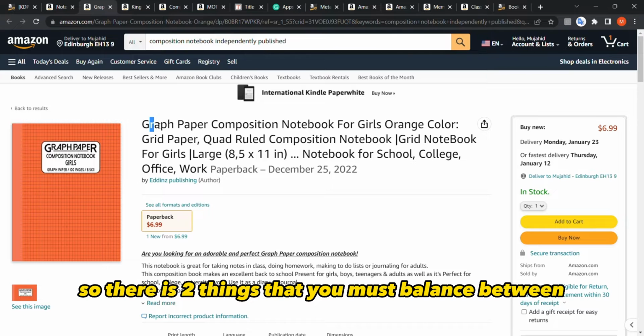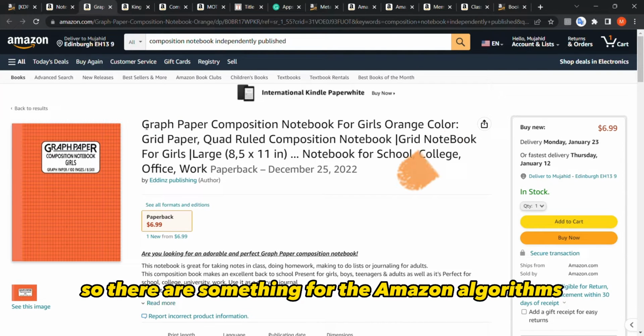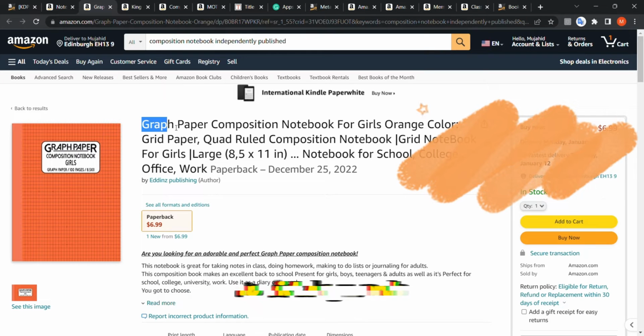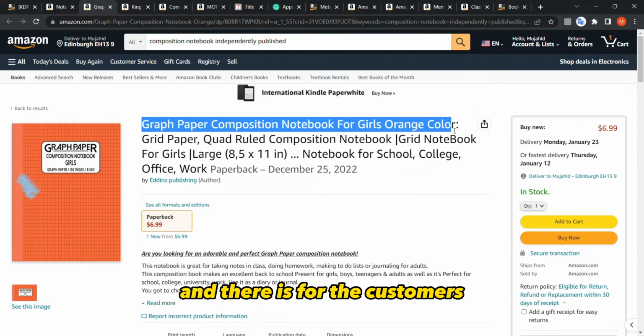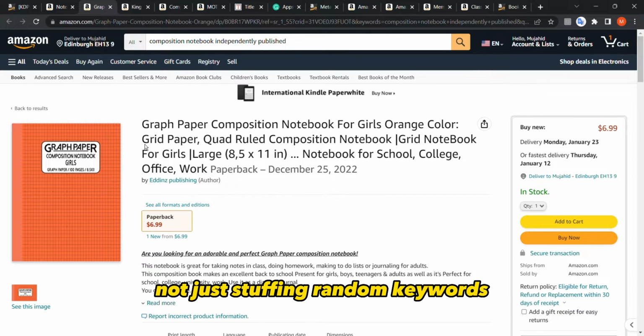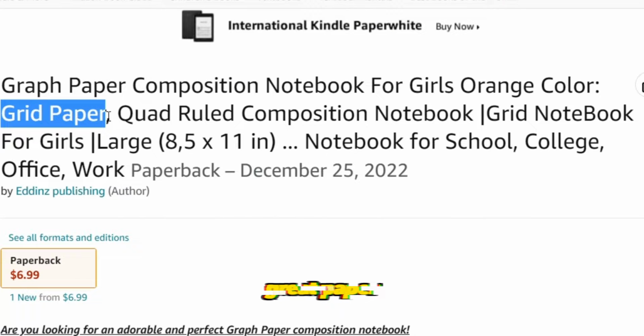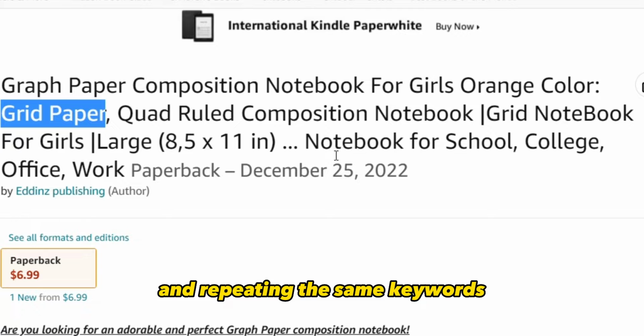So there are two things that you must balance between. There is something for the Amazon algorithms to pick keywords, and there is the customer, which means making good sentences that make sense, not just stuffing random keywords like this one here, graph paper quadrant composition notebook, graph notebook for girls, and repeating the same keywords.